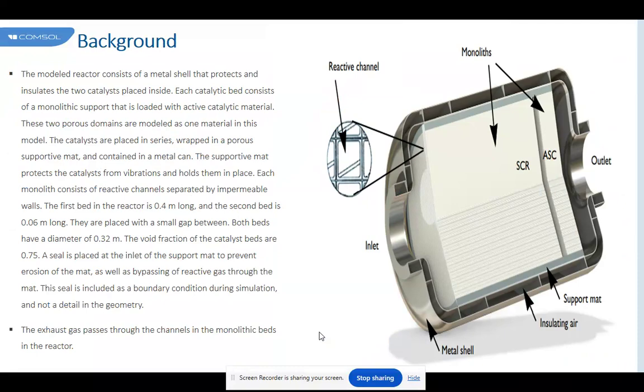The outlet cone was replaced by a straight pipe of the same diameter as the monolith and 30 millimeter long, which has a marginal effect upwind of the domain and makes it easier to register the radial profiles of the variables of interest at the outlet of the substrate.